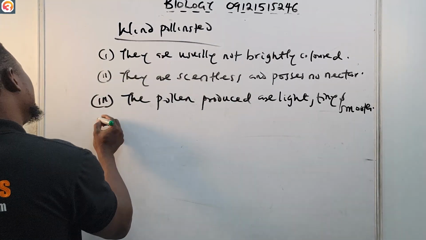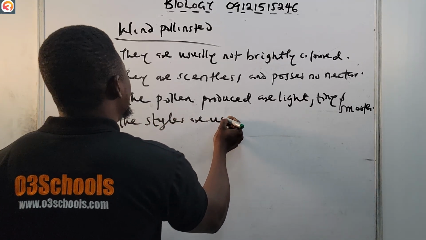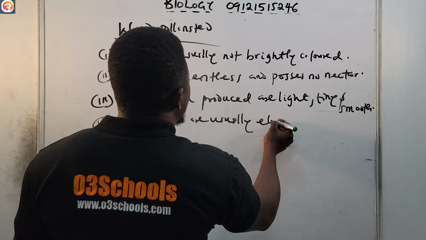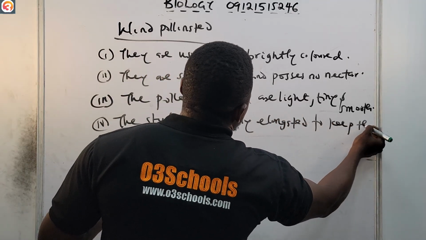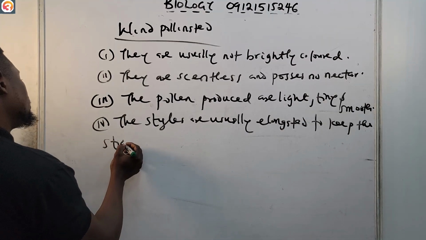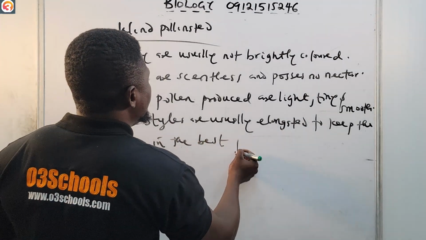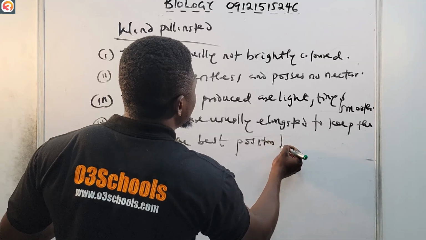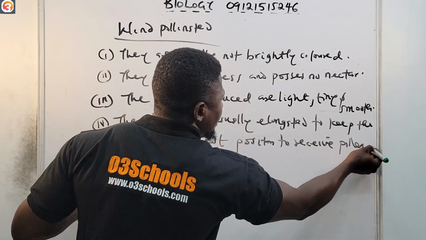Okay, then number 4, the styles are usually elongated to keep the stigma in the best position to receive pollen.